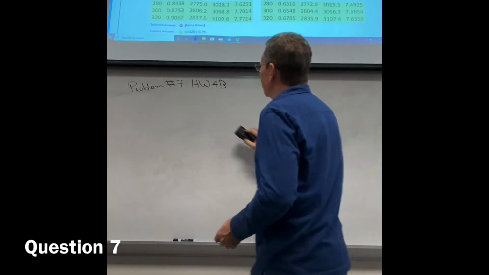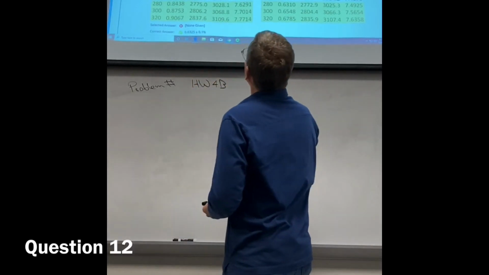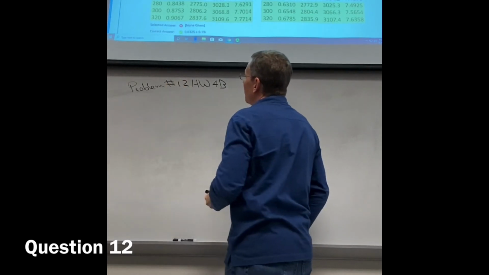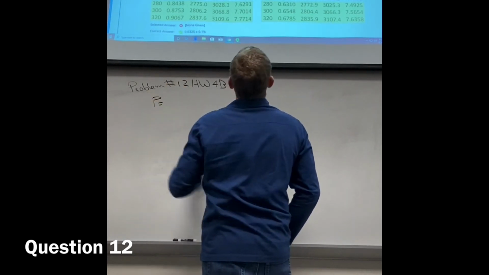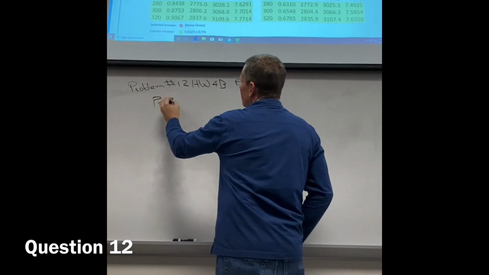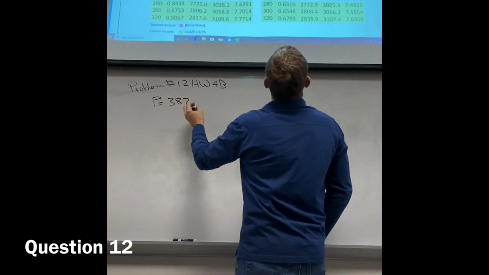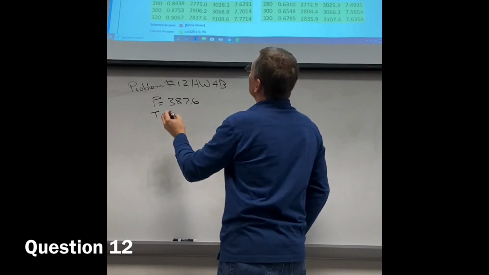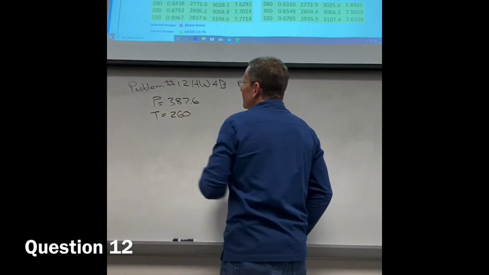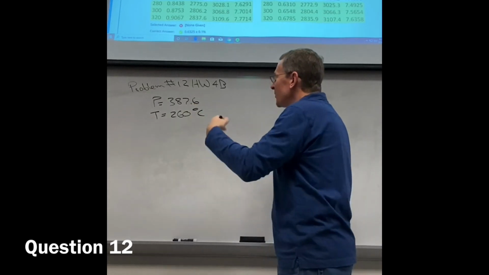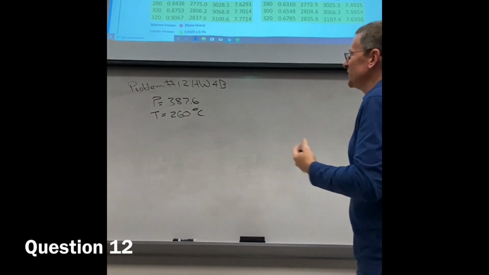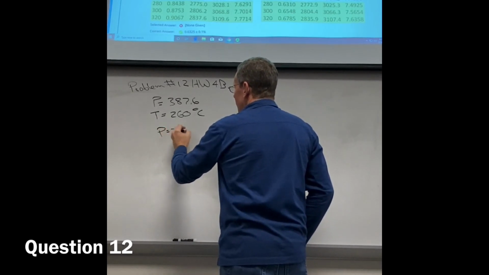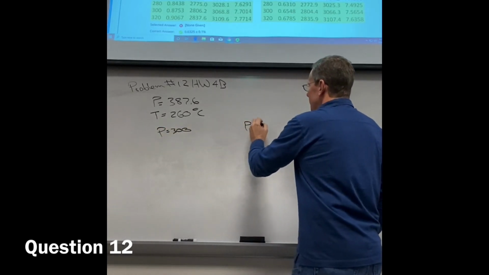We had been interpolating on temperature, now we have to interpolate on pressure. So up here on question 12, the pressure is between 300 and 400, so it's 387.6, and the temperature is 260. This time, we're on one of the temperature rows, but we're in between the two pressure tables. So we have P equals 300, P equals 400.